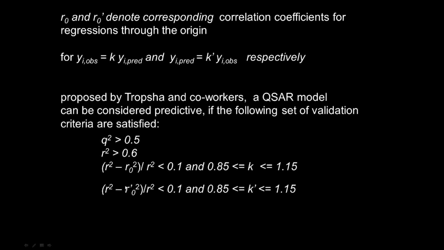There are so many different criteria we need to follow to ascertain that we have a good fit as well as good predictive capability, and that we are not overfitting our data. That's very, very important.